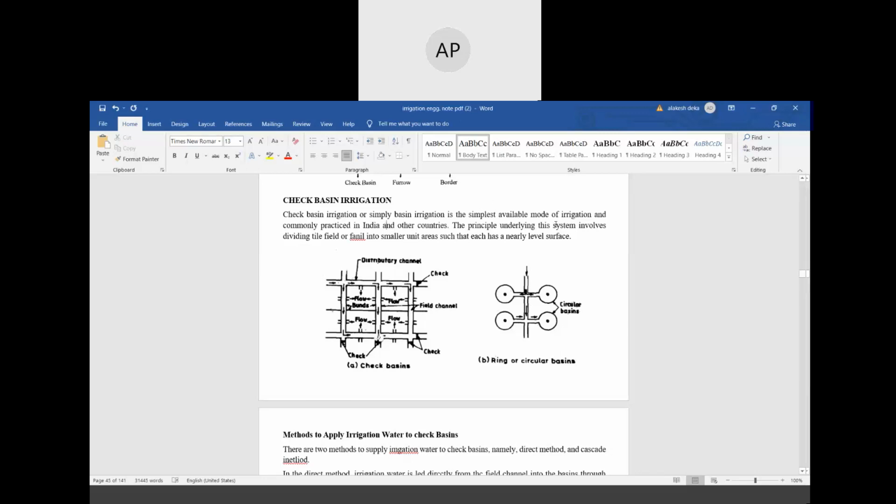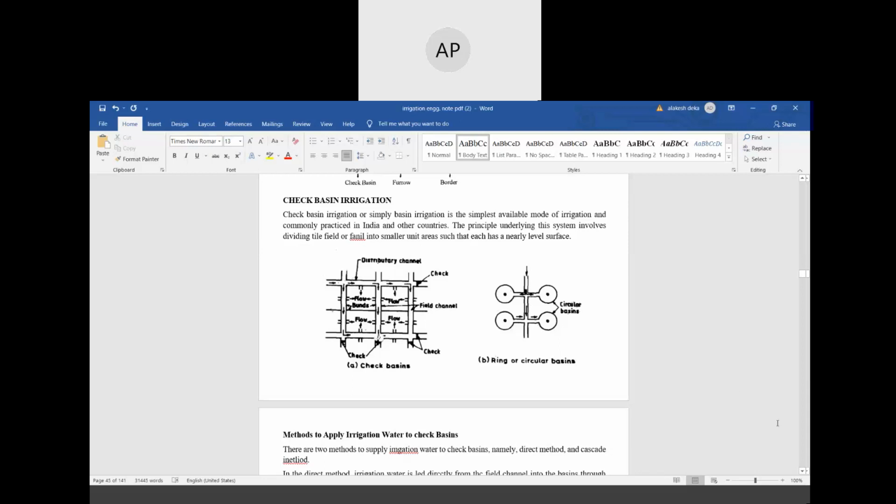The principle underlying this system involves dividing the field into smaller unit areas, each having a nearly level surface. So there are some distributed channels, and there are some checks given in every distributed channel.